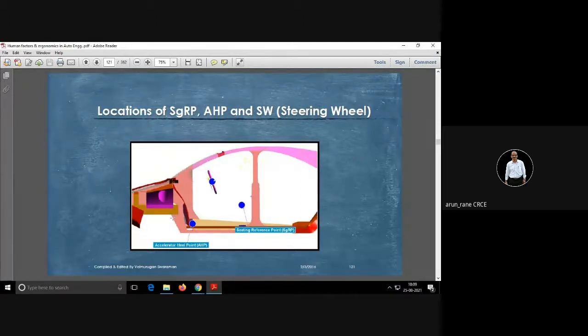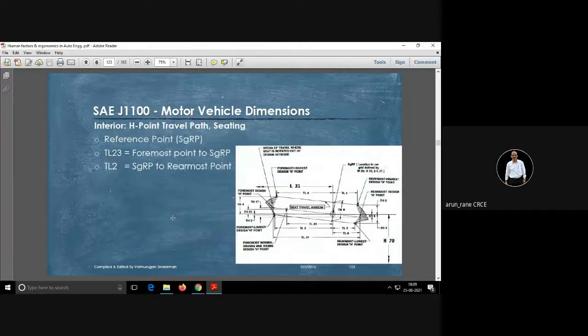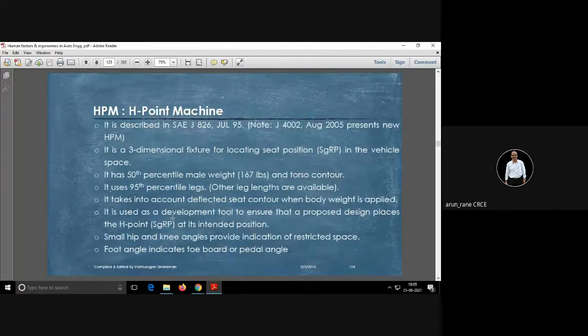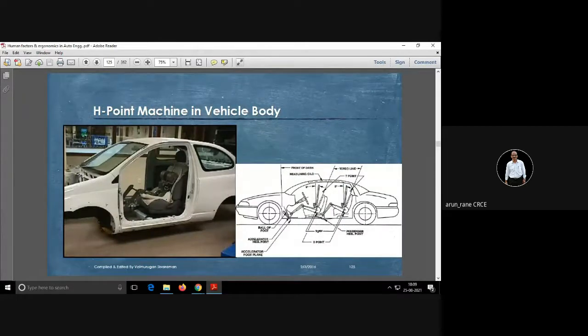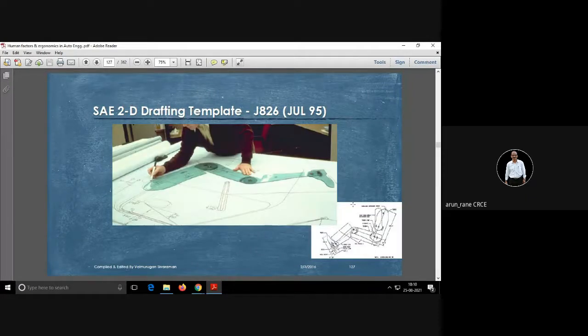These are the locations of the steering wheels, and how the motor vehicle dimensions can be calculated and designed. This is what is called the body of the vehicle. Of course, we do this drafting on software now because it is faster.